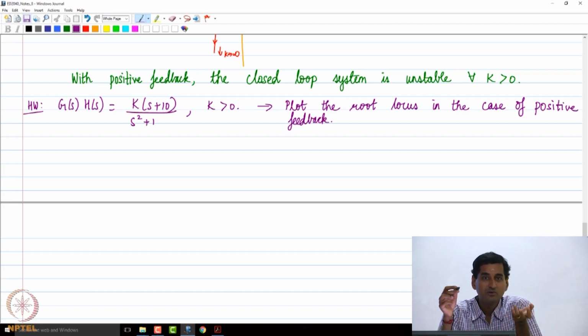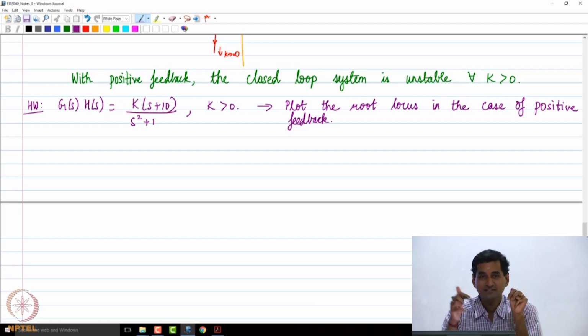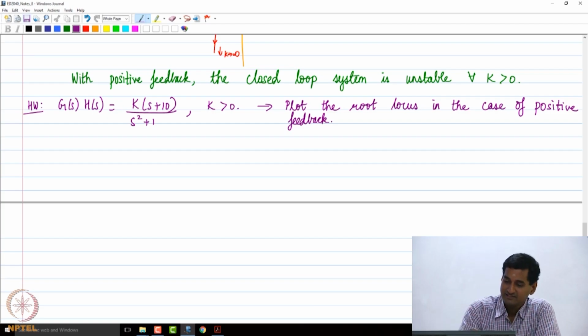It's a real number, so it can have both positive and negative values, but till now we have only plotted the root locus for positive values of the parameter K. What happens when you have negative values?